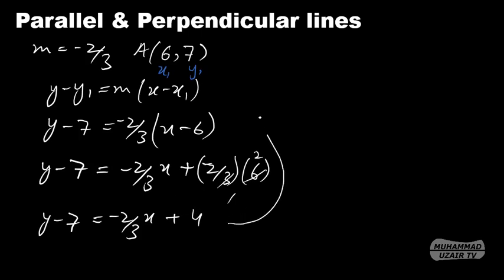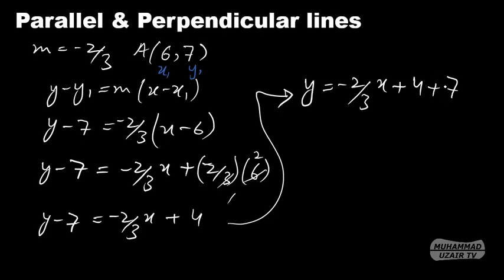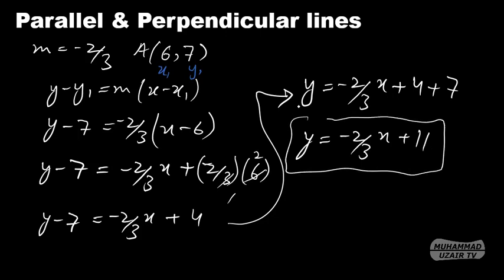So y is equal to minus 2 divided by 3 x plus 4 plus 7. So y is equal to minus 2 divided by 3 x plus 11. So this is the equation having slope minus 2 divided by 3 and the point (6, 7).